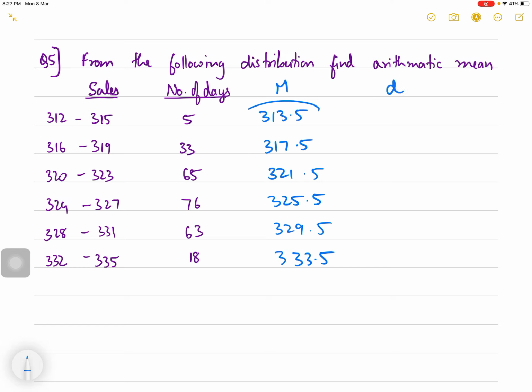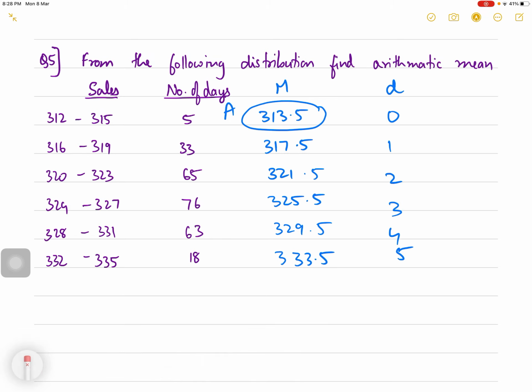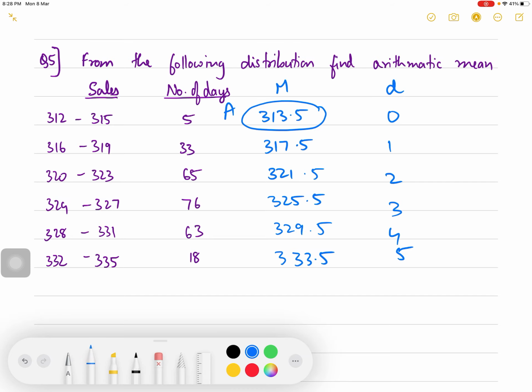My D, because I'll take the first M as A, will be 0, 1, 2, 3, 4, 5. If you take the first M as A, your D is going to be 0, 1, 2, 3, 4, 5 in case of the step deviation method. Only in the step deviation method.